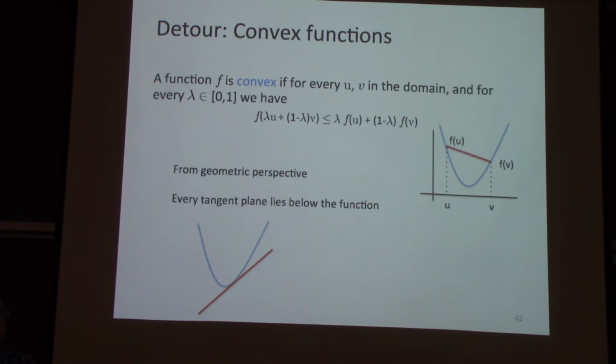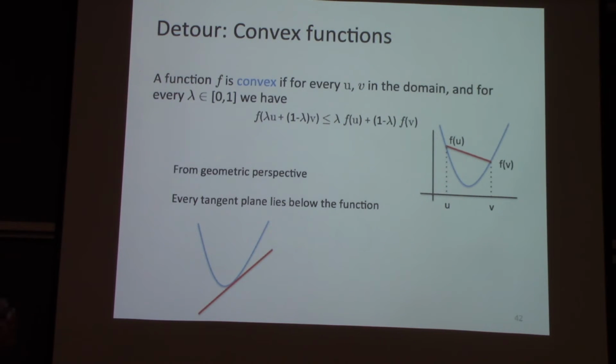It's just layman's terms. What that means is, for any 2 points, U and V, you join them using a line segment connecting U and V, and the function graph always lies below the line segment connecting the 2 points.